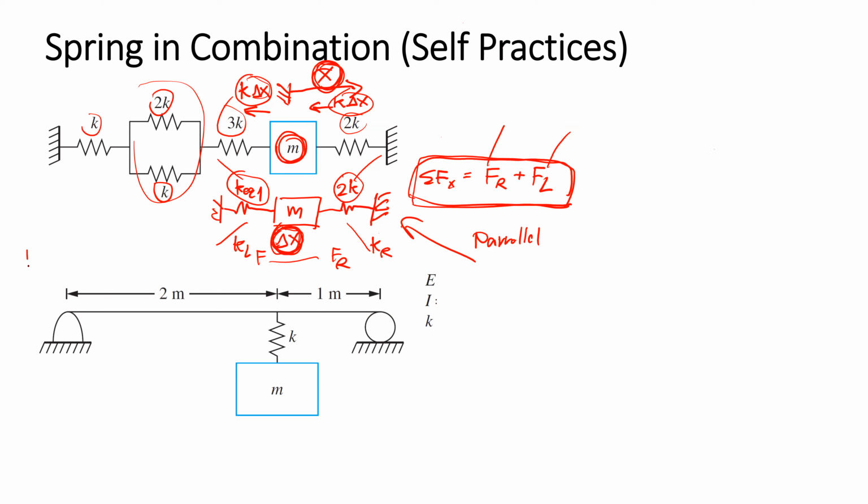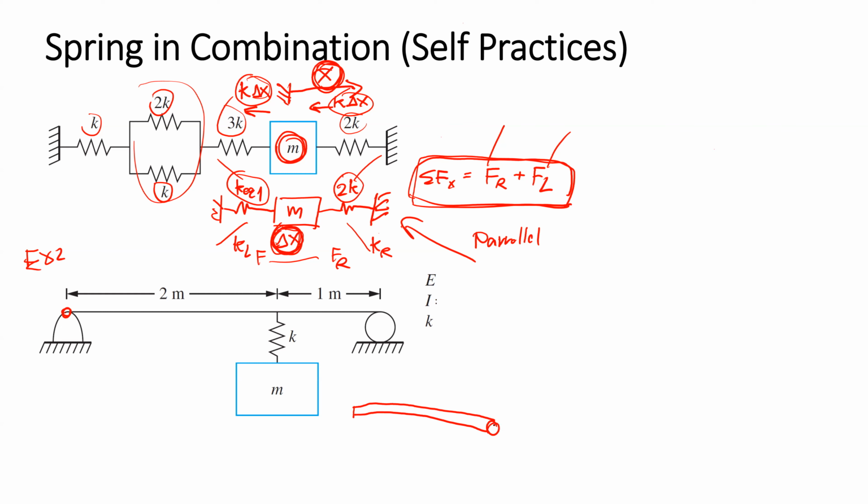Okay, for the second example, we have the cantilever beam, and not cantilever, the pin beam. I'm not sure we can find the formula for this or not.